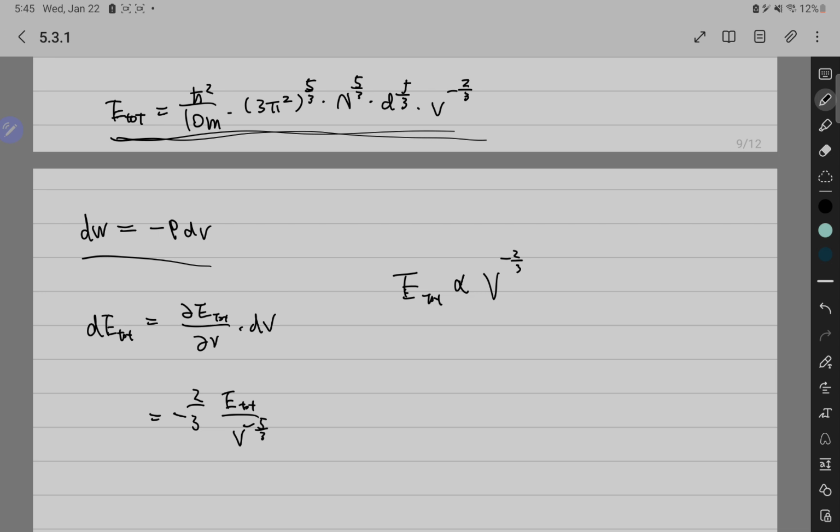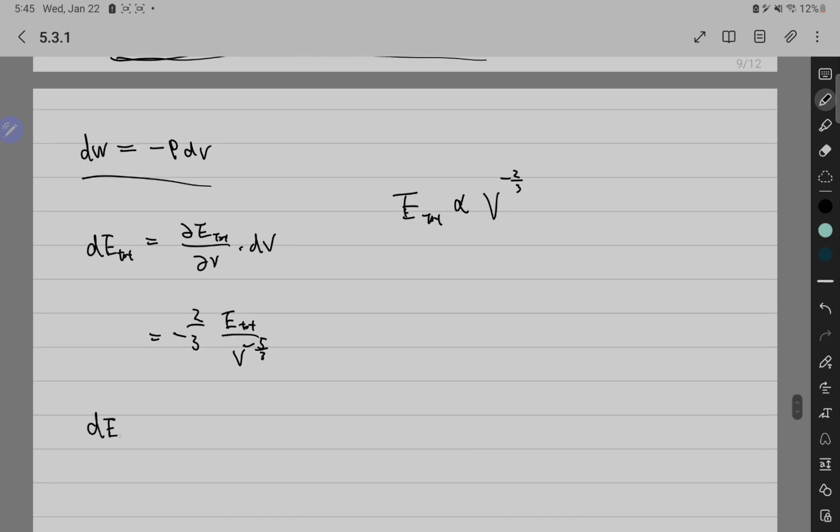So after getting this, let's write it down. dE total is going to be negative 2 over 3 E total over V to the power of 5 over 3 dV.